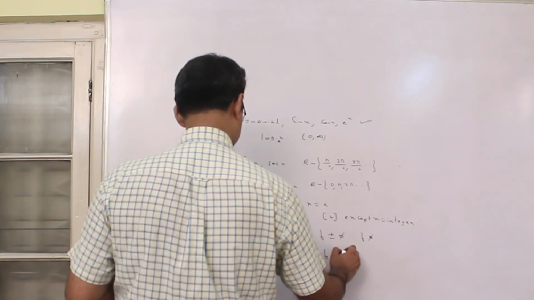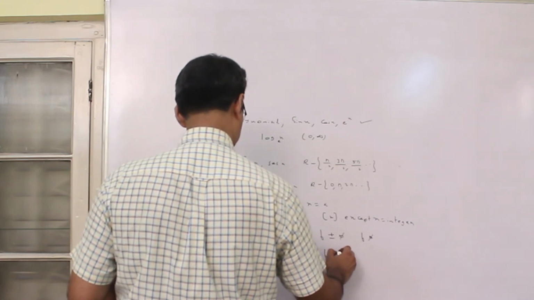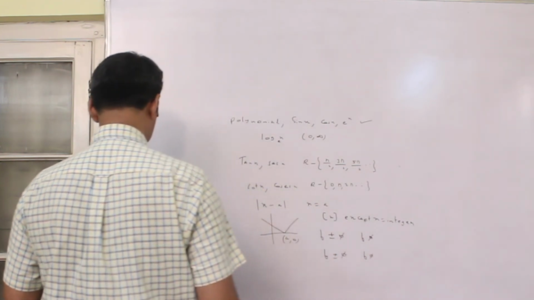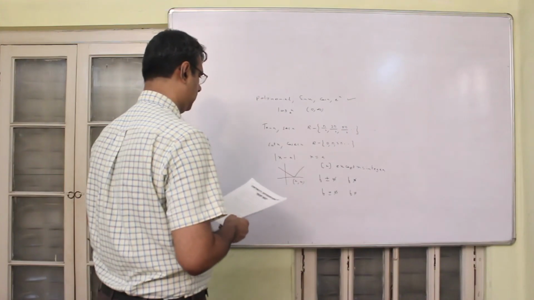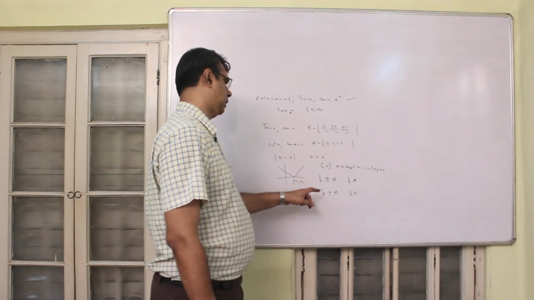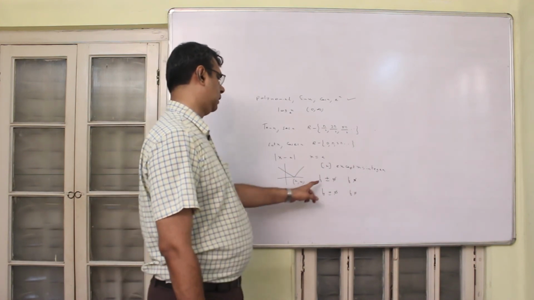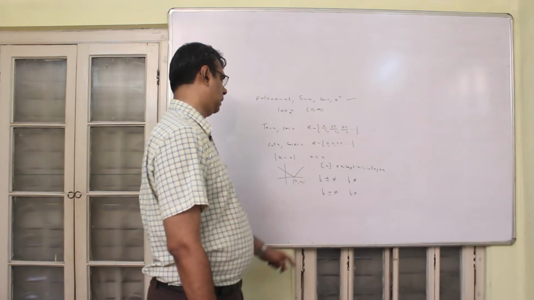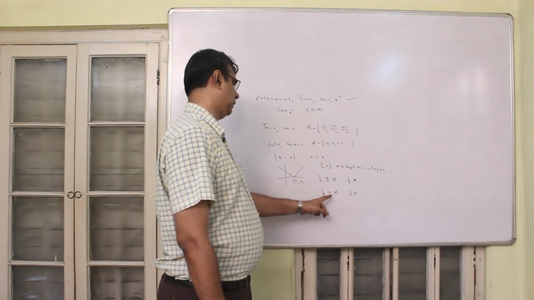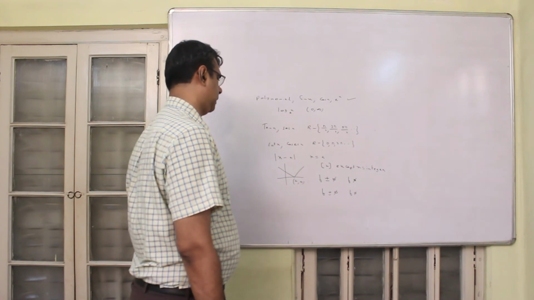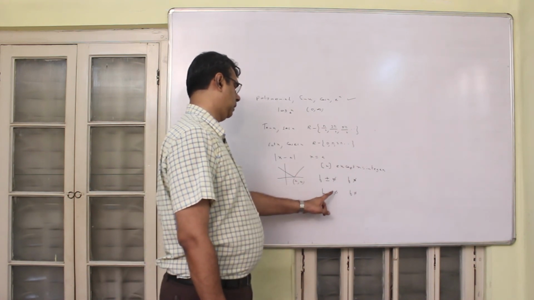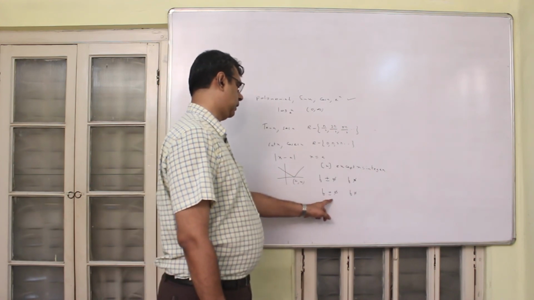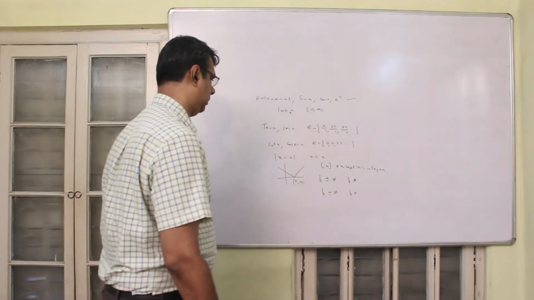Suppose you have a continuous function f but a discontinuous function phi, then both of these will be discontinuous and non-differentiable. So if f and phi are both continuous and differentiable, both of these will be continuous and differentiable. And if one of them is continuous and differentiable and the other is not, then this one will also be discontinuous and non-differentiable, and same for this one.